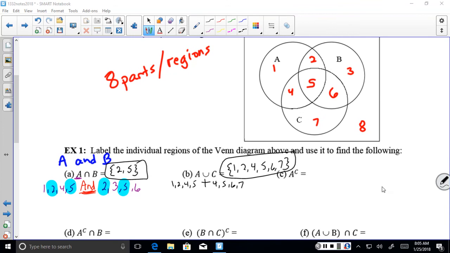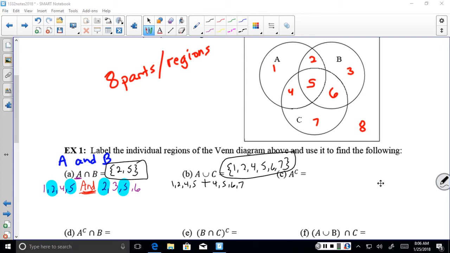Okay, the next one says A complement. What does A complement mean? How do we interpret that in our head? Not in A. So what I do, and I'm doing these on my paper, don't be too proud to actually cover it up with your thumb. So just take your thumb and totally cover up A. Go ahead. I'm watching. If your thumb's not big enough, use more than that. So when you totally cover up A, what numbers are left?